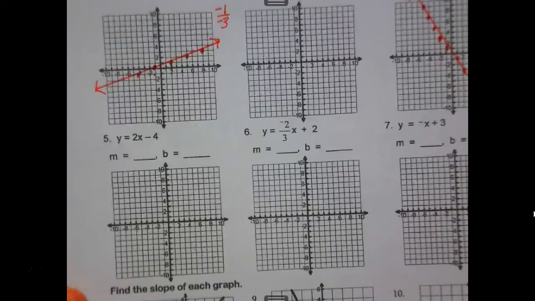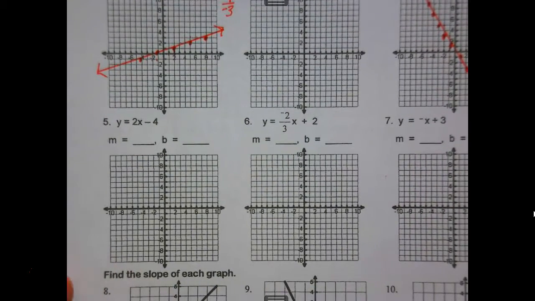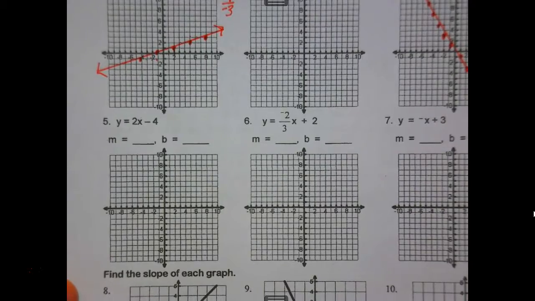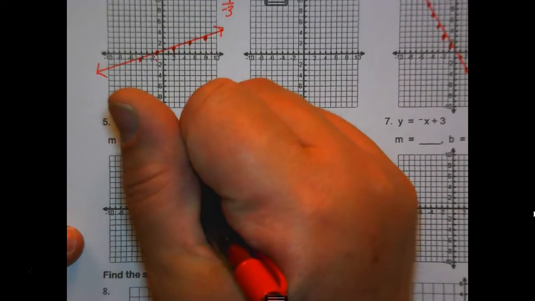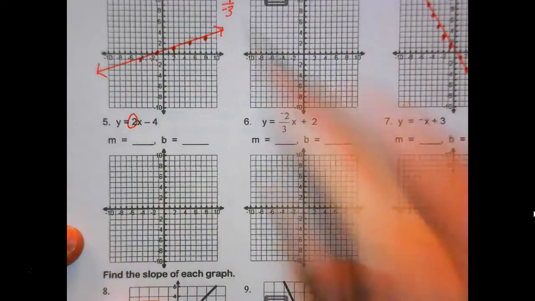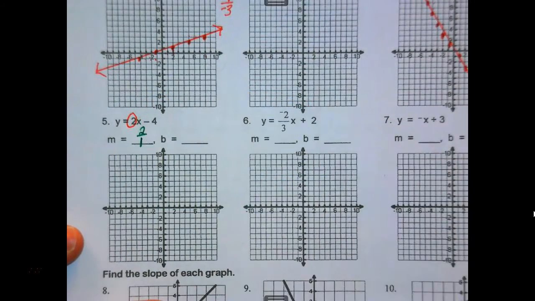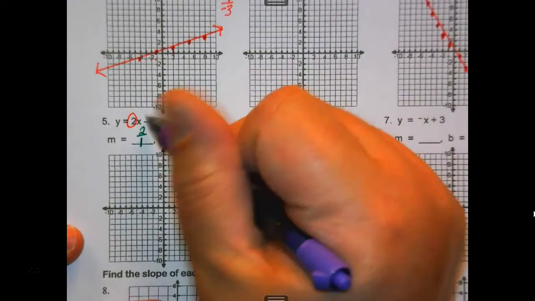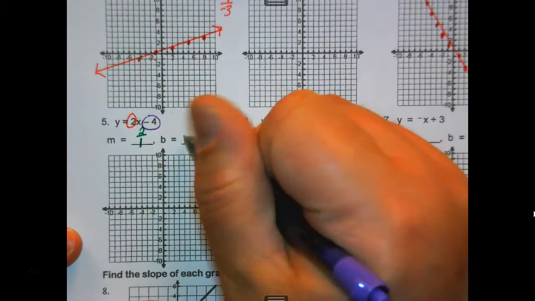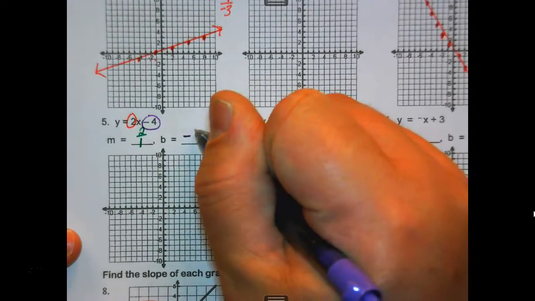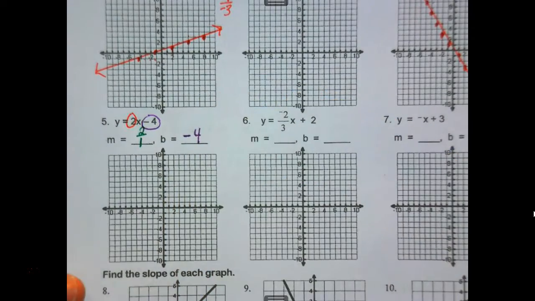Like 5, what's my slope? Remember, it's the coefficient of x. My slope is 2 or 2 over 1. My b is -4, so it crosses my y-axis at -4.